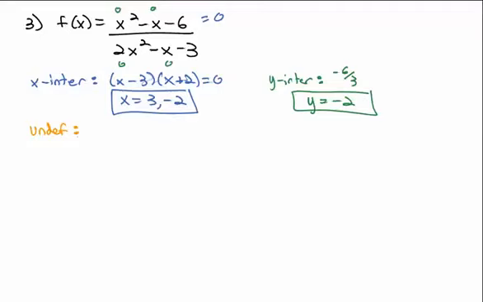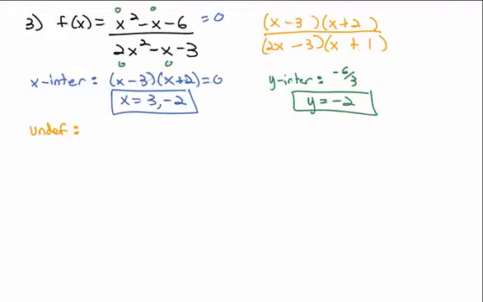Undefined points, we're first going to have to factor it to see if it reduces. That way we know what type of undefined points we're working with. So the numerator, we've already factored. It's x minus 3 and x plus 2. The denominator is going to factor to 2x and x. And we're going to need a 3 and a 1. If we do 3 and 1, negative 3 plus 1 would give us that negative 1 in the middle.